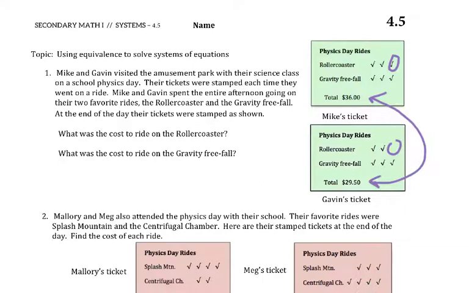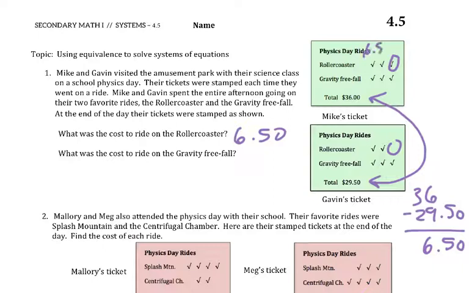So we can see that 36 minus 29.50 is going to be 6.50. So each roller coaster would have cost $6.50. So if each roller coaster was 6.50, right? And we've got 3 of them, or 2 of them, probably easier doing the 2.